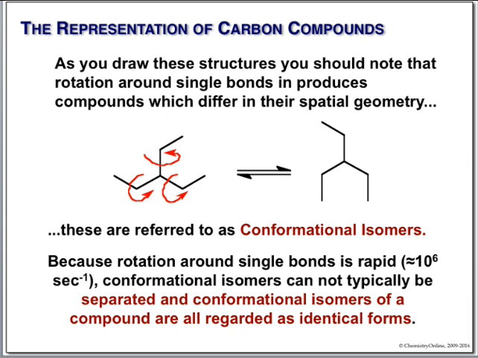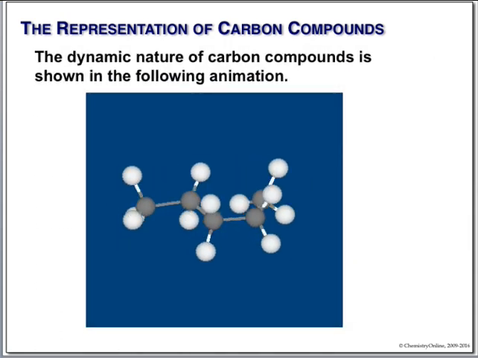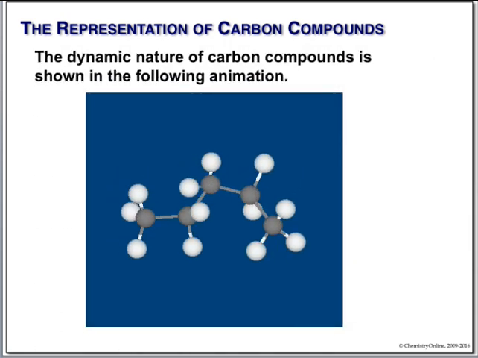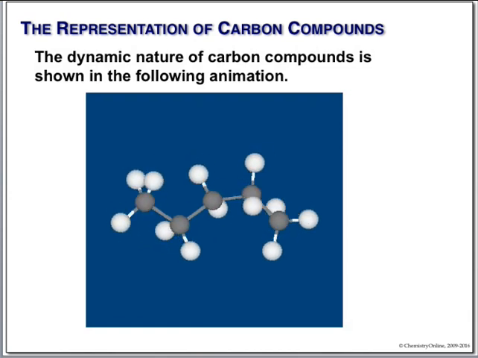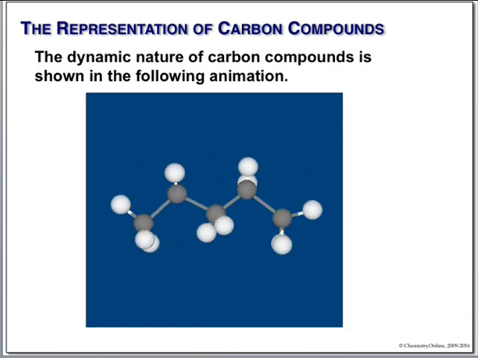As an example of this, this is a pentane on the next slide doing gymnastics. So this guy is rotating about all these bonds, rotating, vibrating, doing all this stuff. Any representation that you drew that looked like that would work.